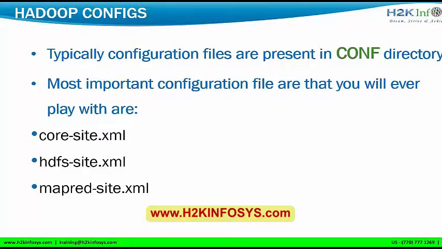The first one is core-site.xml. As the name indicates, all the core configurations will be available in this particular XML. For example, I want to keep or change something related to my master node IP address.